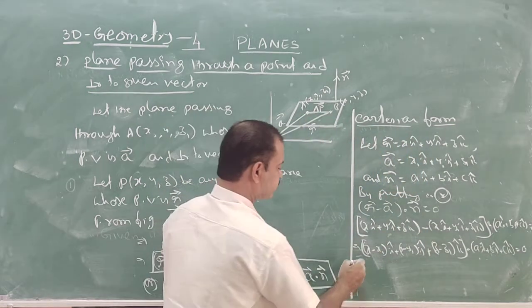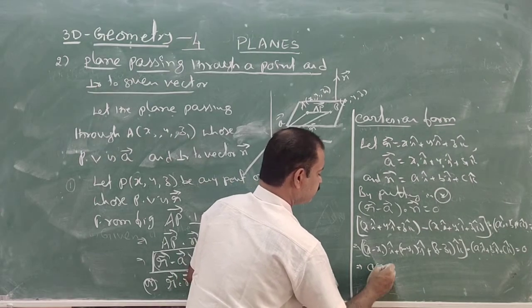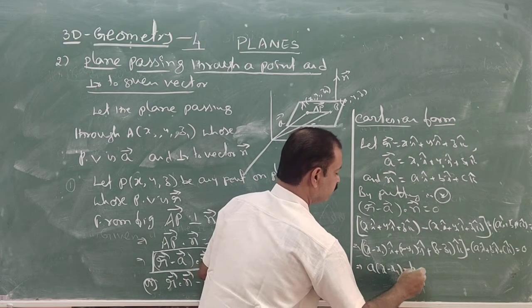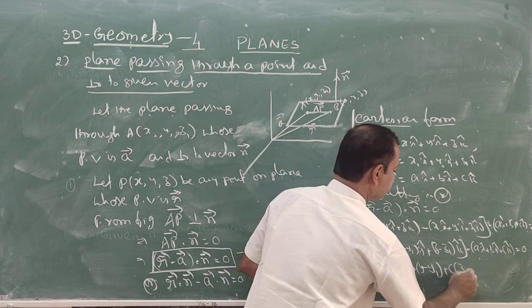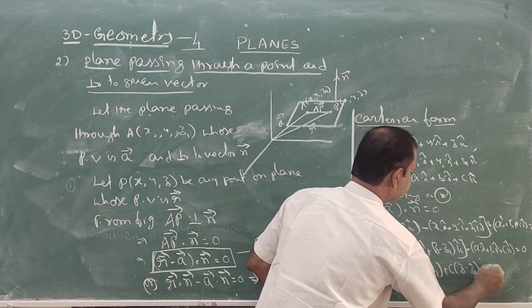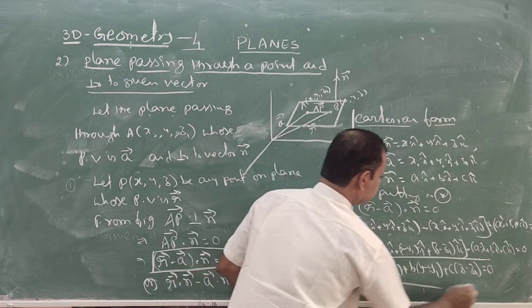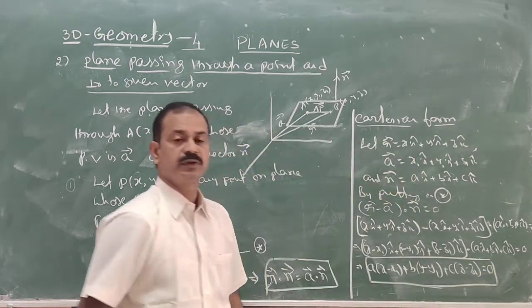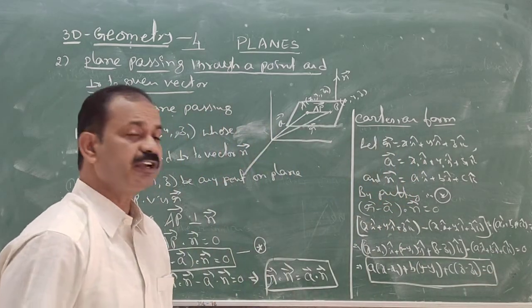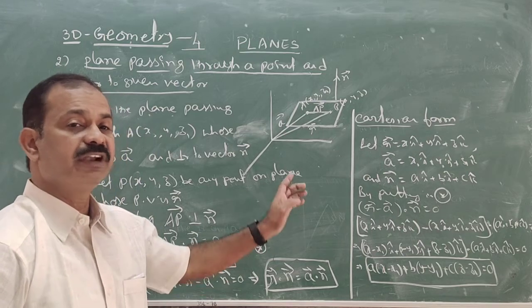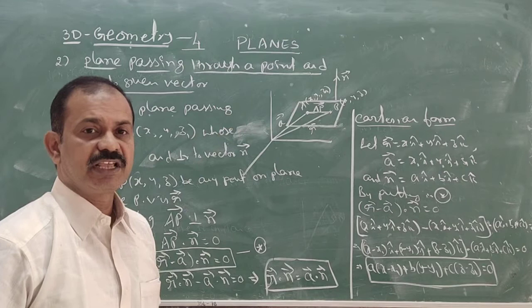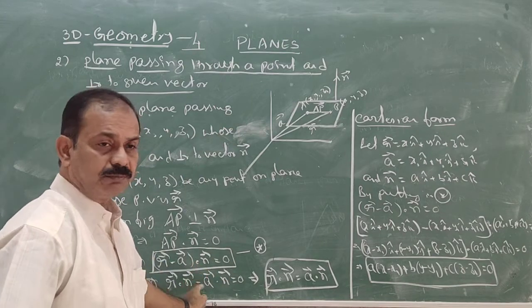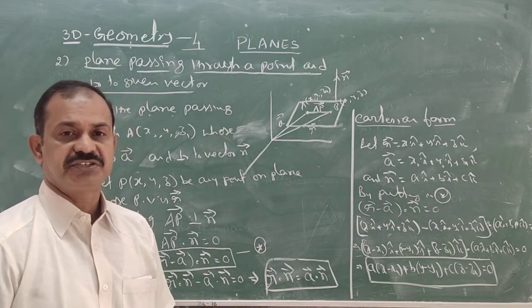Do the dot product, which implies a into (x minus x1) plus b into (y minus y1) plus c into (z minus z1) is equal to 0. So this is the equation of a plane passing through a single point with the perpendicular vector given, in vector form, and that is in Cartesian form.